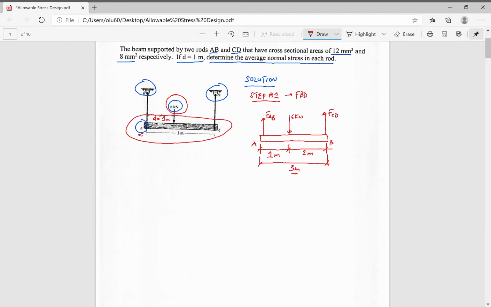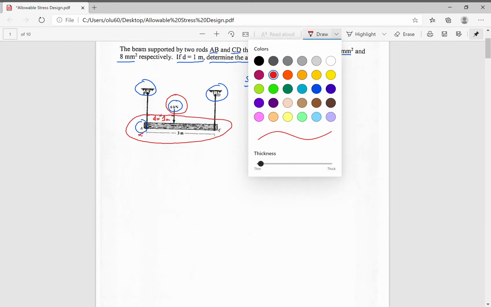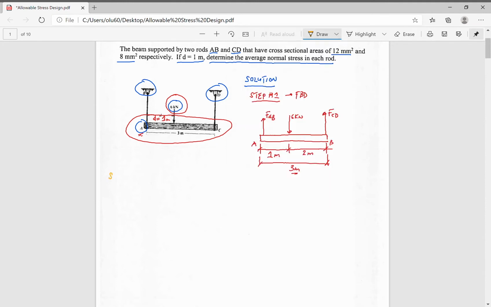Step number 2, we want to find force AB and force CD using equilibrium equations.